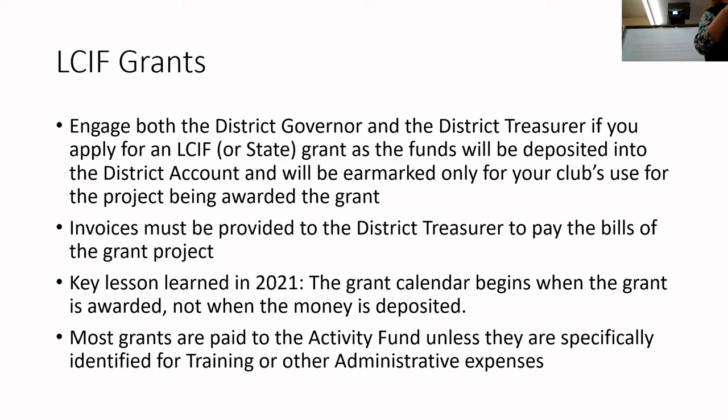In fact, as district treasurer, I got involved with the grant that the Jackson Professional Club, the virtual club, got. The grant administrator was very much a stickler. Not only did we have to provide her the invoices, we had to provide her the check numbers.